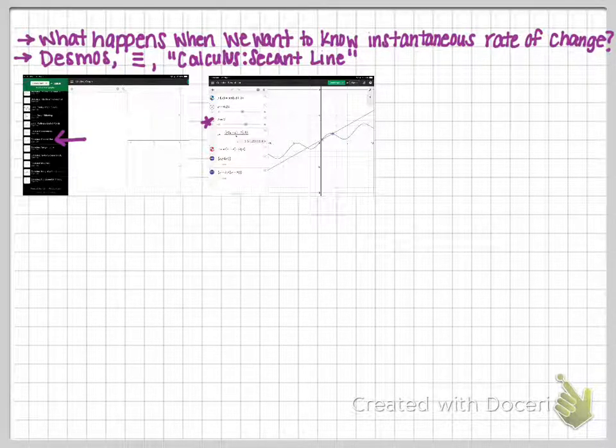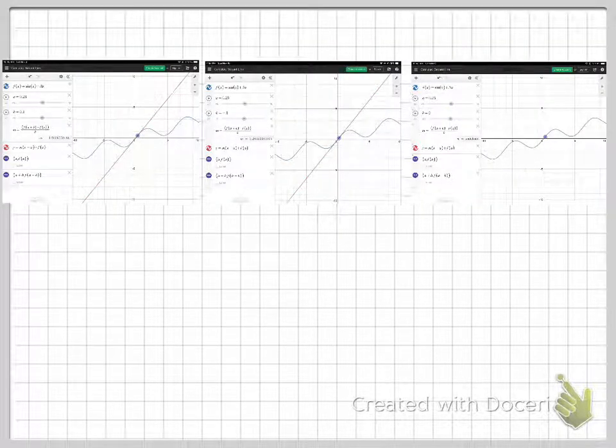Alright, so when you come back, let's take a look when H is really, really small. So if we think about having H be as close to 0 as we can, if we have H be 0.1, our slope right here is 1.26.